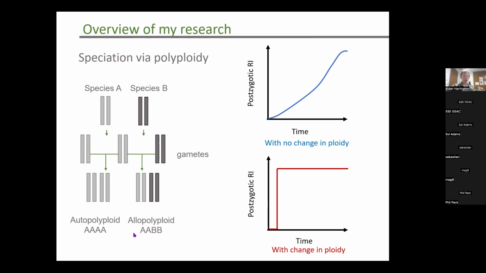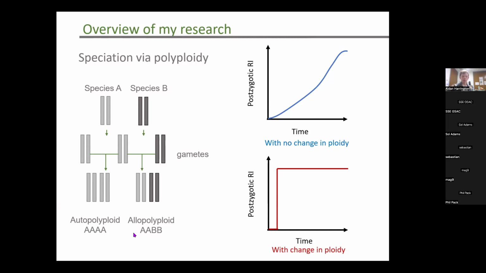And when polyploids are first formed, they have a really high degree of post-zygotic reproductive isolation because of this increase in genome size and genome copy number. That means that they cannot form fertile offspring with diploid relatives.